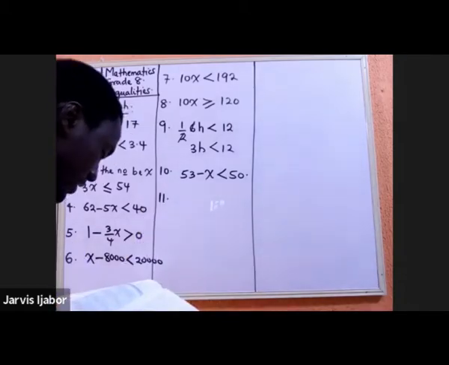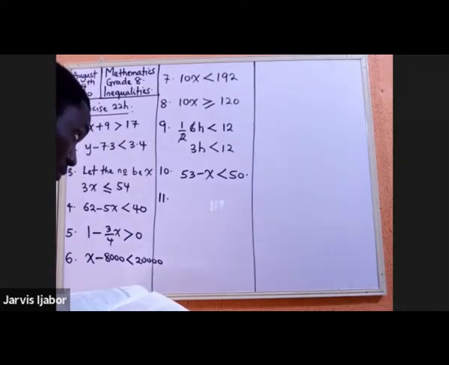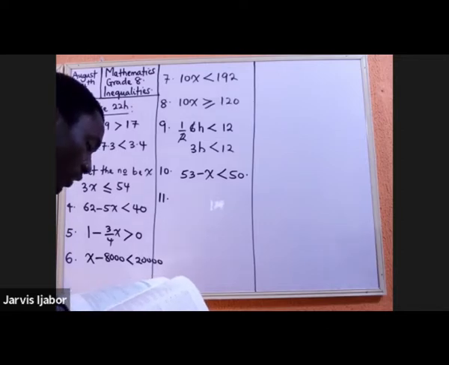In 11, it says a rectangle is 8 cm long and b cm broad.